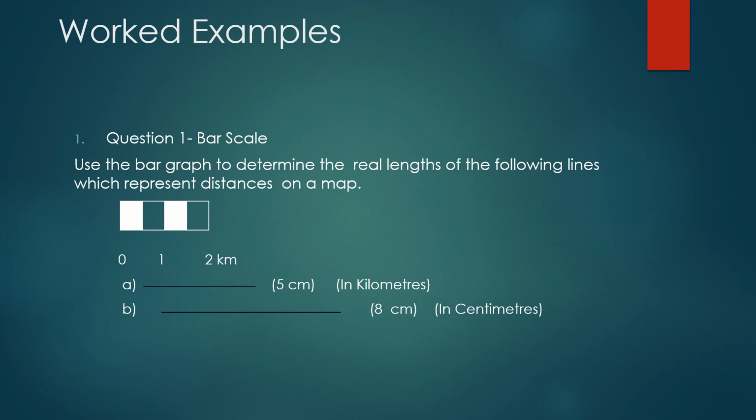It reads: use the bar scale to determine the real lengths of the following lines which represent distances on a map. For the first line, which measures 5 centimeters, the answer must be in kilometers. The second, which measures 8 centimeters, the answer must be in centimeters.